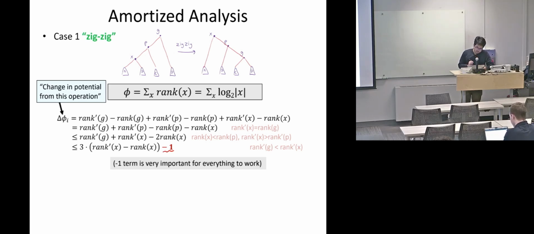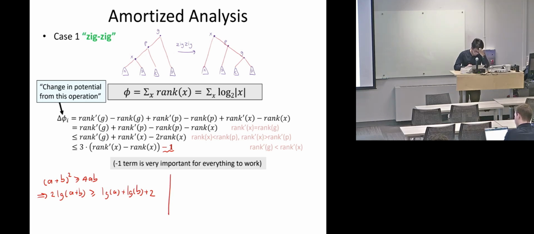The reason why we get -1 here is because of this inequality, and it means that log of A plus B is at least, if you take log, log of A plus log of B plus 2.